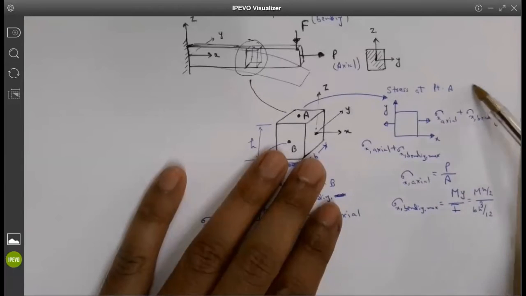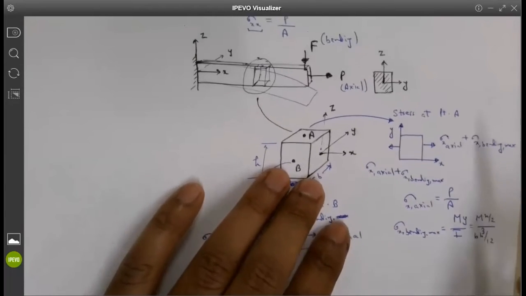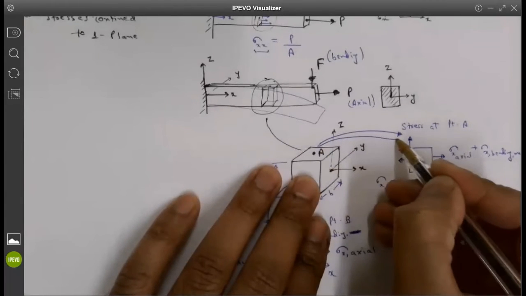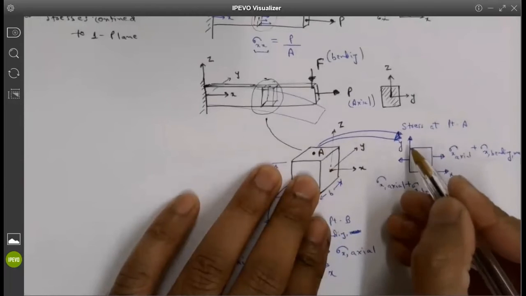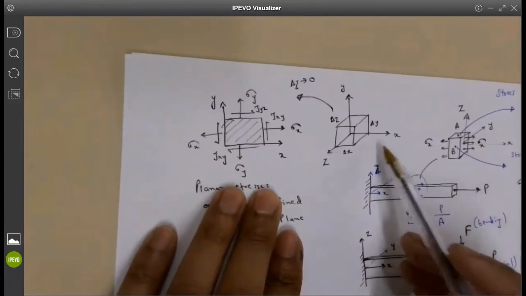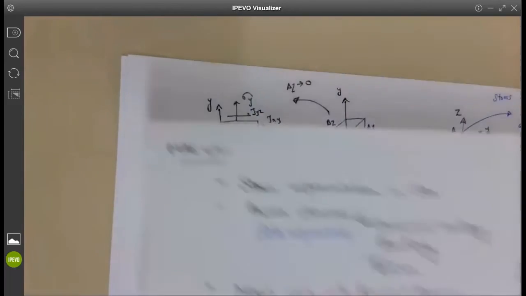You're just pretty much breaking it up into 2D sections, I guess. Not 2D sections. What I'm doing is I am basically representing the stresses not in 3 dimensions, but in 2-dimensional coordinates. I told you that stress at any point is given by this. Let me go back to my previous page.